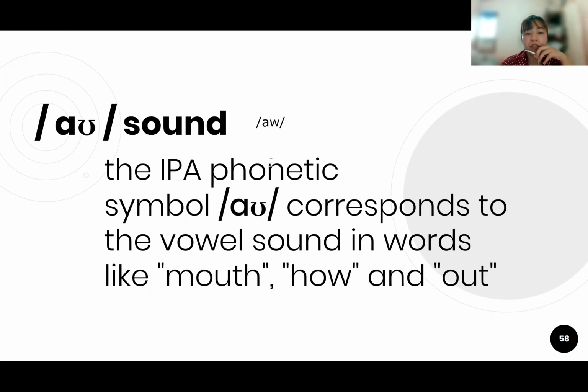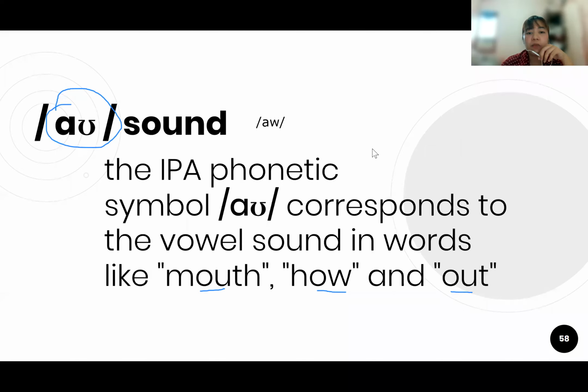So the IPA phonetic symbol ow corresponds to the vowel sound in the word mouth. For example, your OU in mouth, your OW in how, and OU in out, they produce the ow sound. So when you transcribe them, you make use of this diphthong symbol.